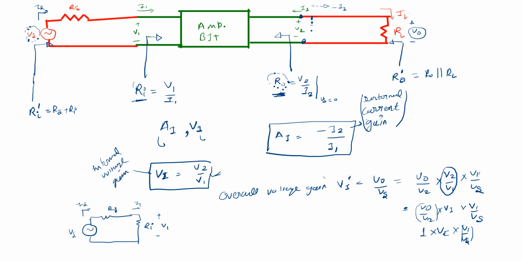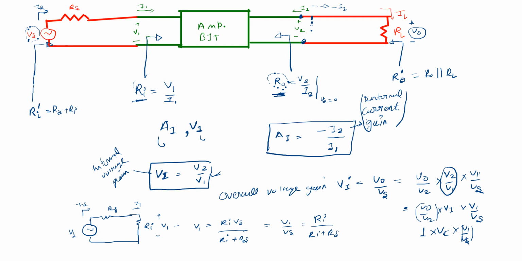Now what is the voltage V1? You can write it by using the voltage divider rule. So this is V1 equal to Ri into Vs over Ri plus Rs. Alright, so you can simplify this part like this. This is V1 upon Vs equals Ri over Ri plus Rs.